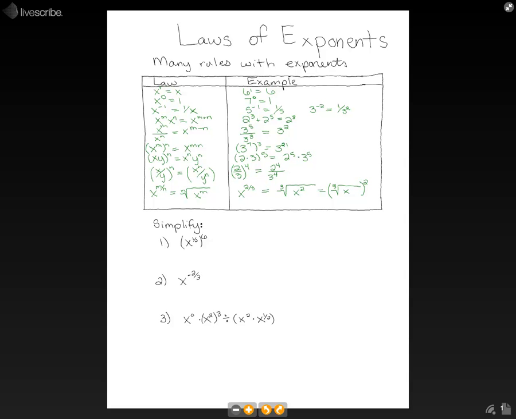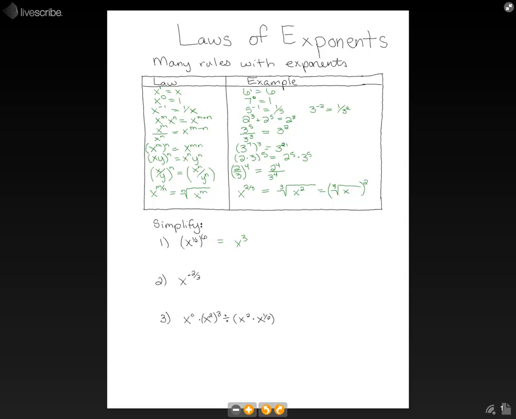So real quick, let's do some simplifying exercises to use some of these rules. So we have x to the 1/2 to the 6th power. So that is our rule where we have something to an exponent to another exponent, and in that case we do multiplication. So that's simply going to equal x to the 3rd power.